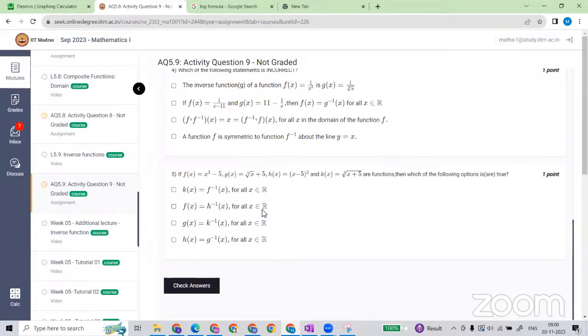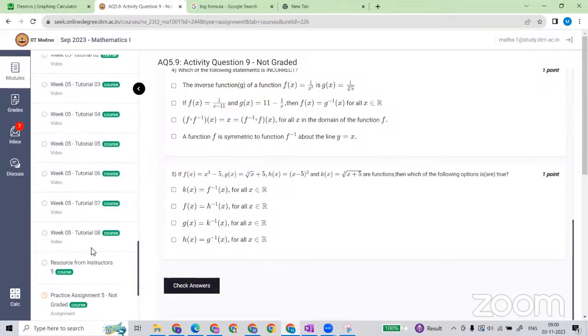How can we find the inverse function? If not, I suggest you watch the tutorial resource from the instructor. Srikanth explained how to find the inverse very well, spending 25 or 30 minutes, step by step.